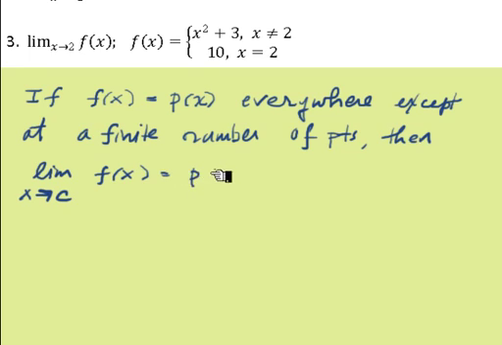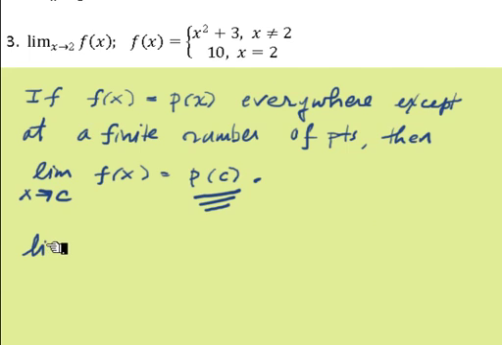But where do we substitute in? We substitute into the polynomial, not into f, but into the polynomial. In other words, for the sake of finding limits, we're only going to use x squared plus 3. This value 10 does not enter into the calculation.